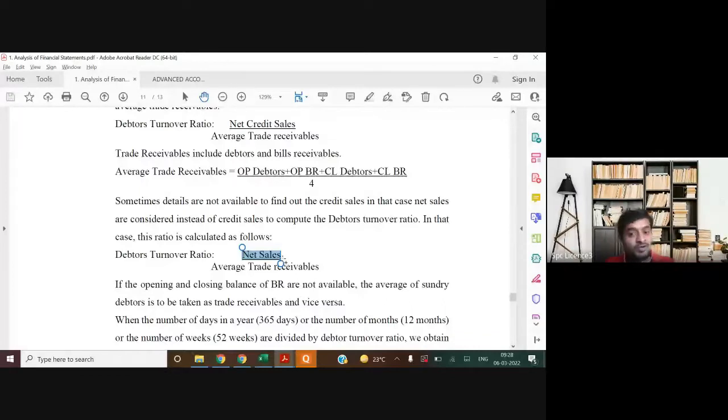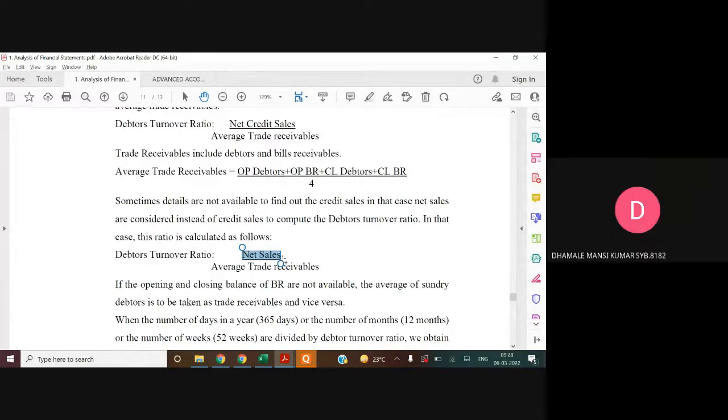If the cost of goods sold cannot be calculated, then instead of cost of goods sold, go for the net sales figure. Same thing here. If the figure of credit sale cannot be identified, then consider the entire sale as credit sale, and take the figure of net sale to compute the debtor turnover ratio. Is it okay?